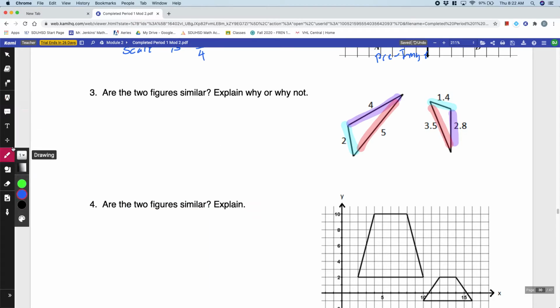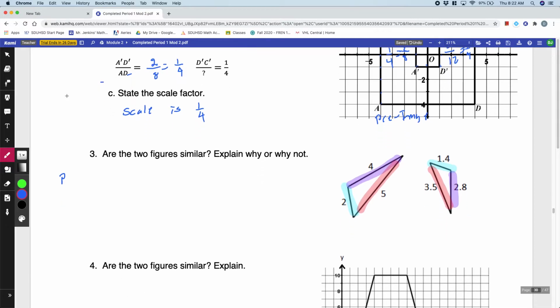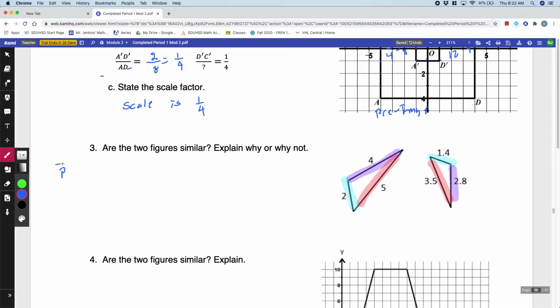So what we're always doing, remember, we're trying to find the scale factor. So basically, if you remember, the ratio is always the image over the pre-image. And what you need to do is make sure that all three of these sides are proportionally related. So how do I do that? Well, I'm just going to look at the ratio of 2 over 1.4.